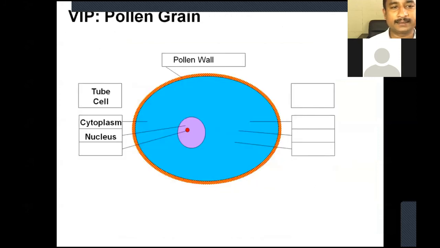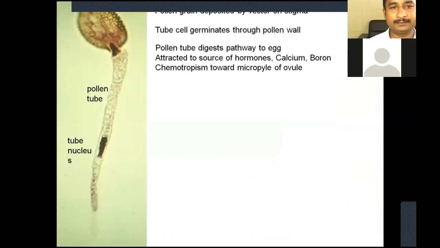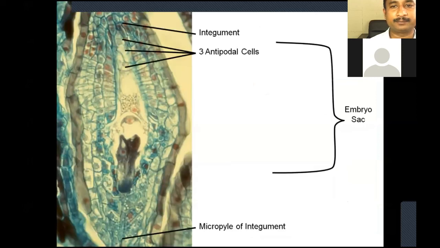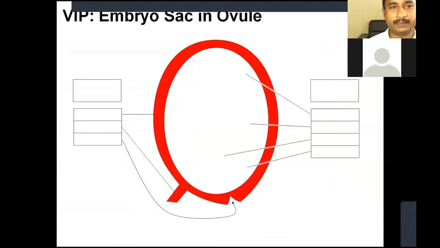Remember these things, this pollen grain, and then I'll give you the same kind of thing about what happens after fertilization. This is how these things will come in the exam, in your practical exam. That's why I will take a little more time in the next class.